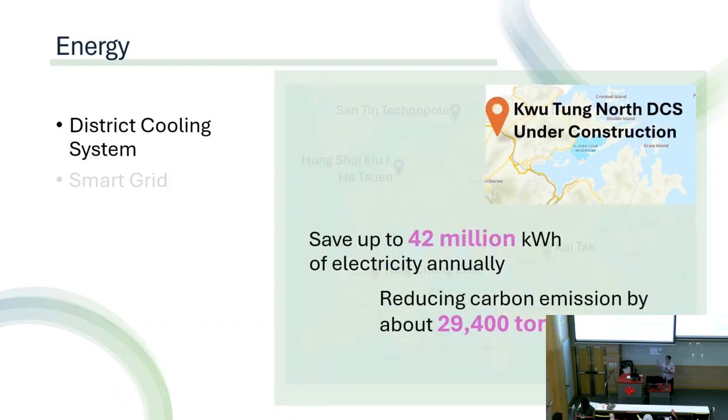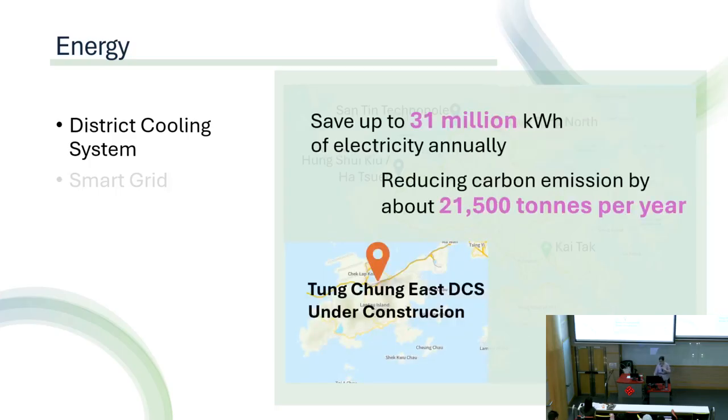The Kwun Tong North District Cooling is currently under construction, and it's supposedly going to save up to 42 million kilowatt hours of electricity annually and reduce 29,000 tons of carbon per year. Similarly, Tung Chung East is saving 31 million kilowatt hours and 21,000 tons of carbon. So these two are currently under construction.